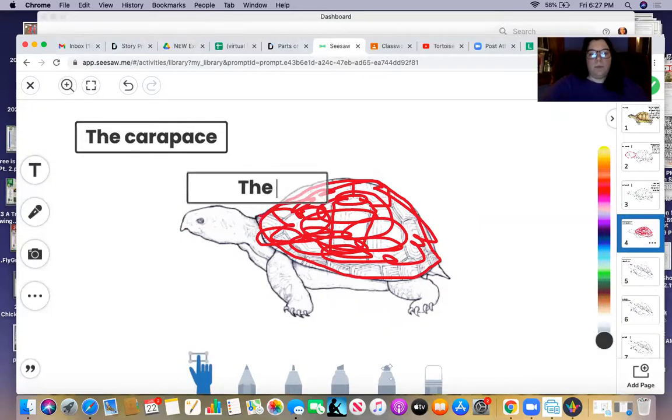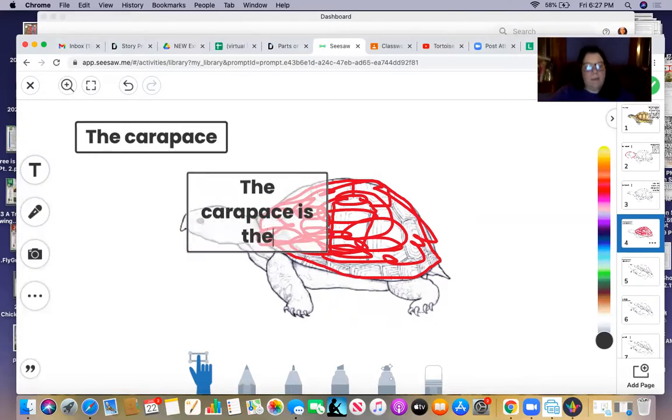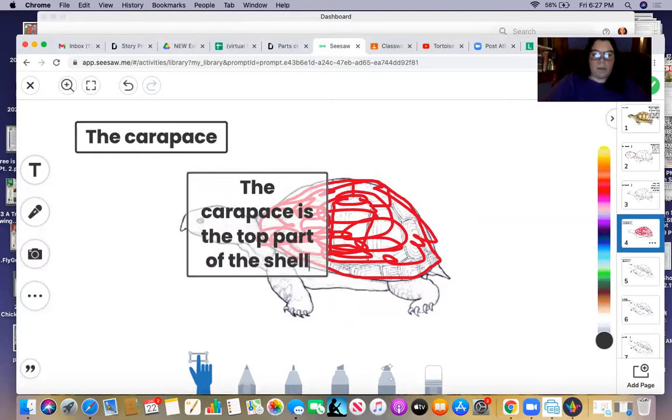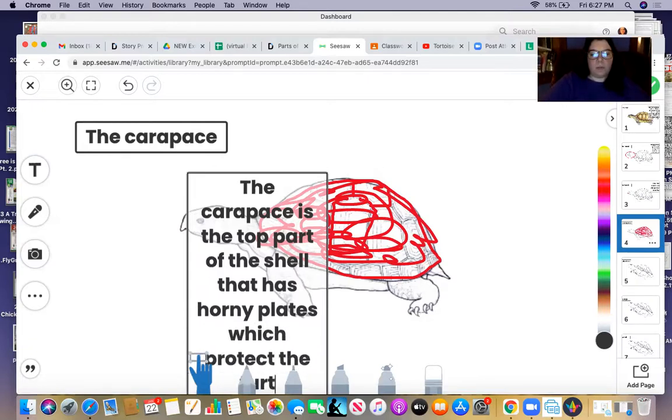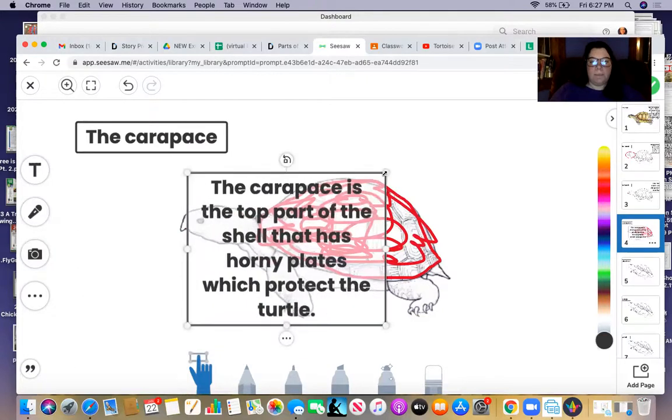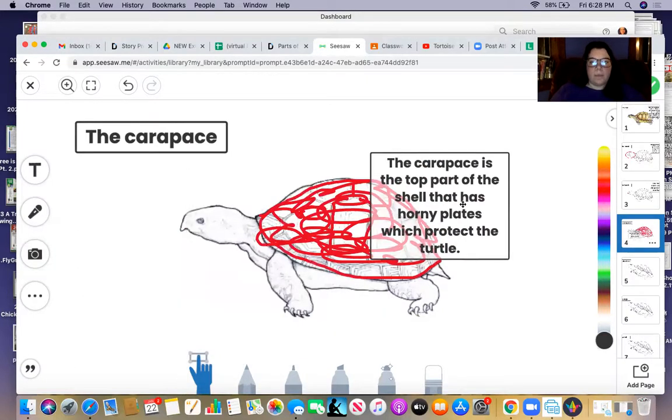So we'll write that the carapace is the top part of the shell that has horny plates which protect the turtle. So that is the carapace. Put that over here.